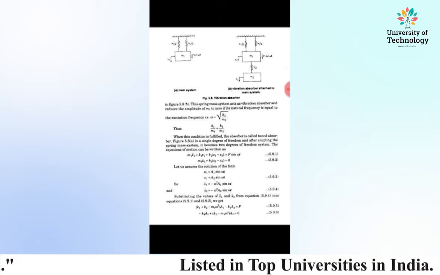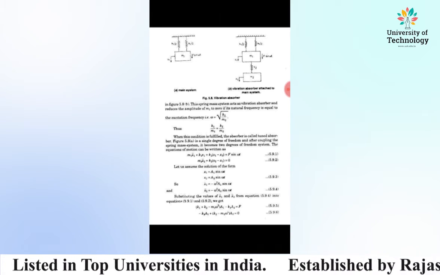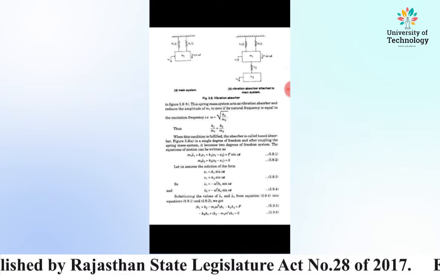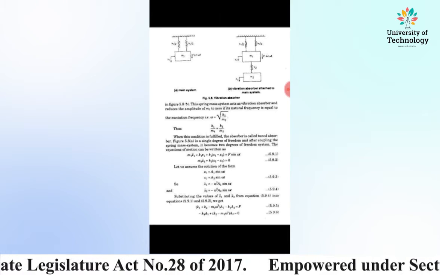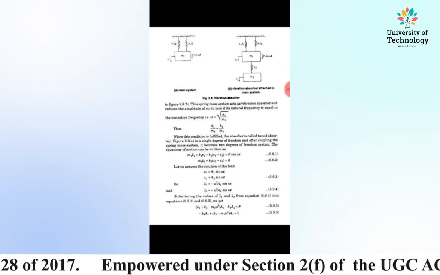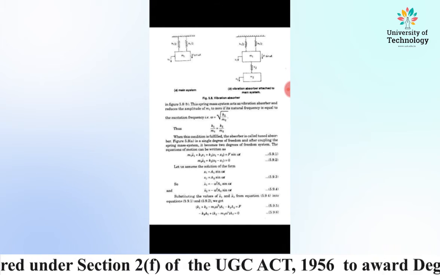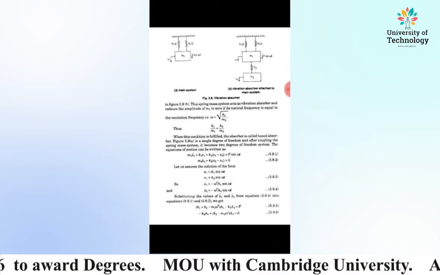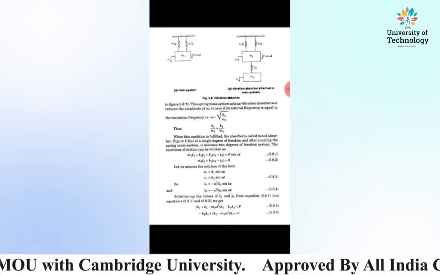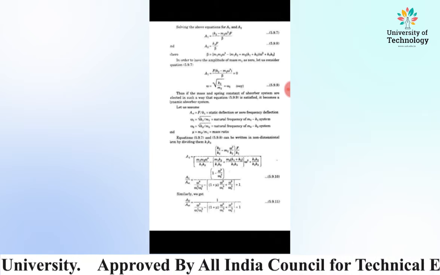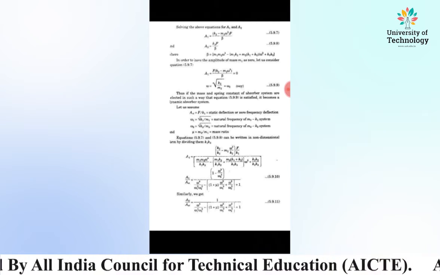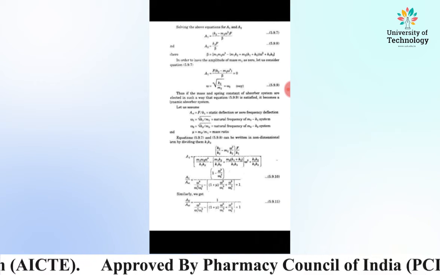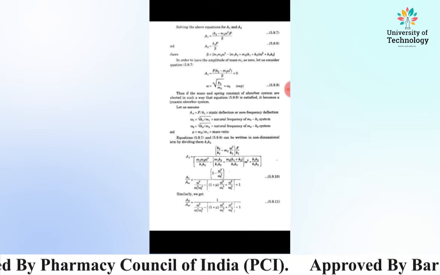By substituting these values in the above equations, we find that k1 plus k2 minus m1 omega square, times A1, minus k2 A2 is equal to F, and the next, minus k2 A1 plus k2 minus m2 omega square, times A2, is equal to 0. We have two equations. By solving these equations by the matrix method, we find the values of A1 and A2.